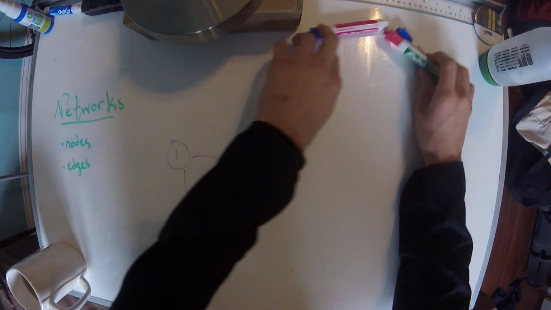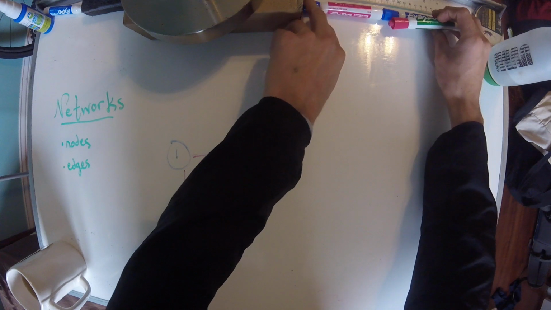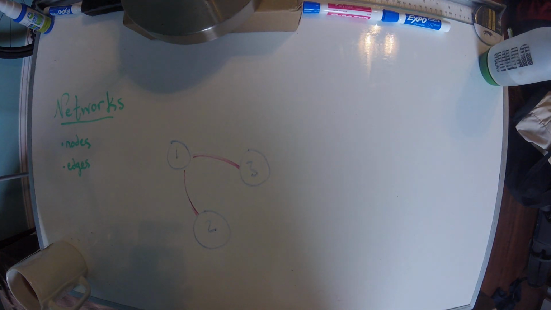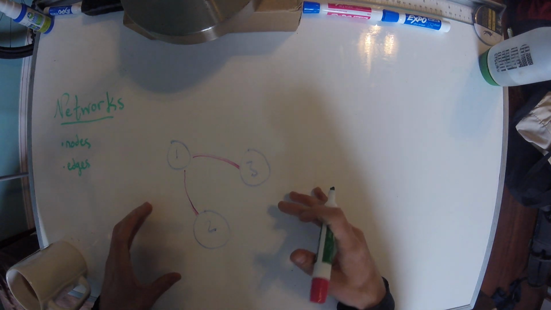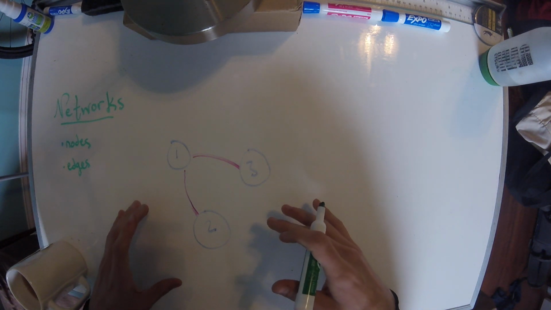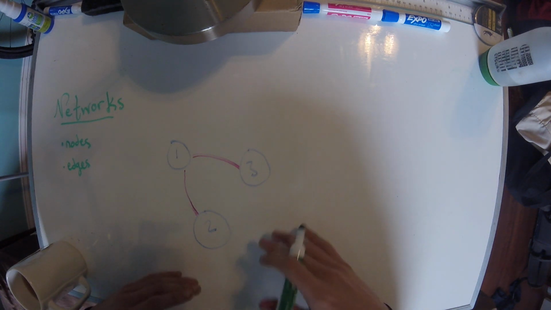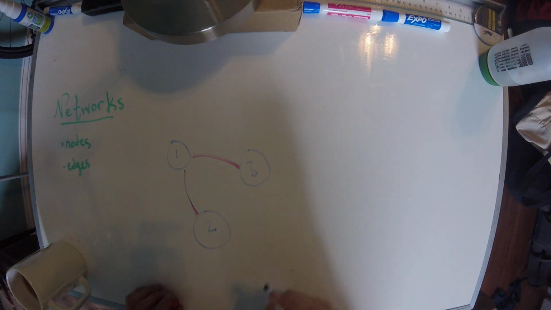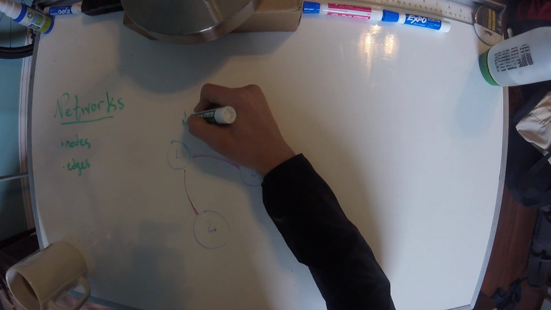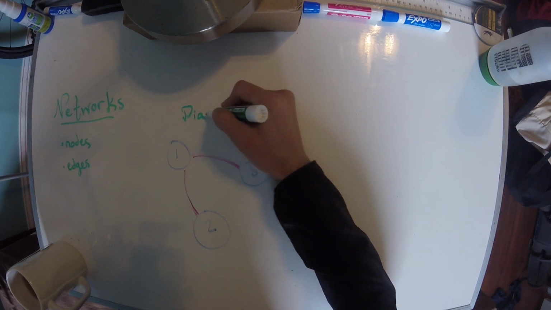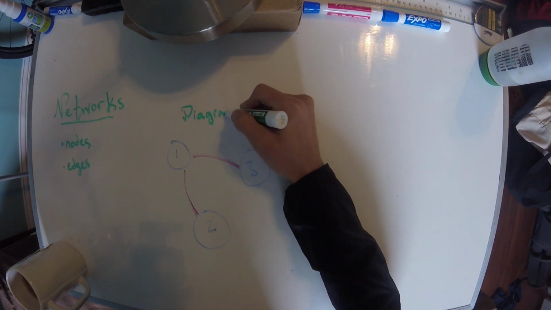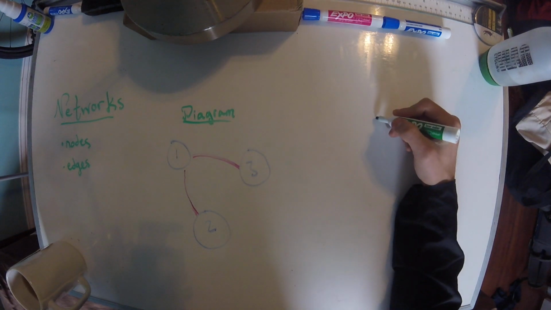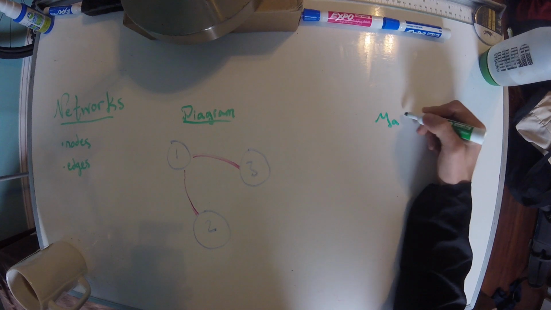So this is probably the clearest way to represent a network, with this picture. And so I'll call this the diagram because it's just a network diagram. And then next we'll have the network matrix over here.